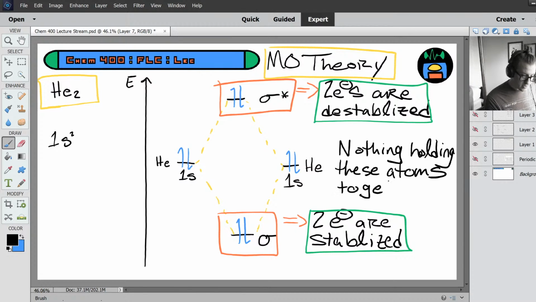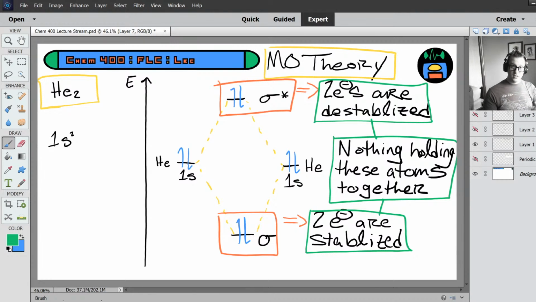In hydrogen, H2, those 2 atoms have to stick together because if they ever pulled apart, their electrons would destabilize. They get higher in energy. They want to stay at a low energy. But with helium, when they get close enough for their atomic orbitals to mix, 2 electrons are stabilized, but 2 electrons are destabilized, and so they literally just bounce off each other. There's nothing holding them together.